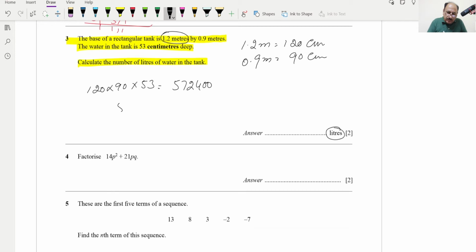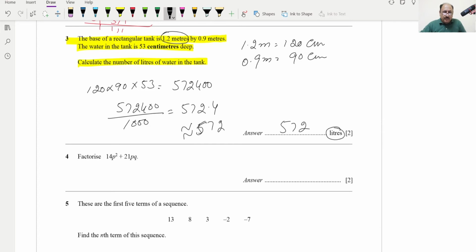So this 572,400 divided by 1000 will be equal to 572.4 liters. So the answer will be 572.4 liters. Calculate the number of liters of water in the tank. So number of liters they are asking for, so 572 will be the rounded answer. This will be the final answer.